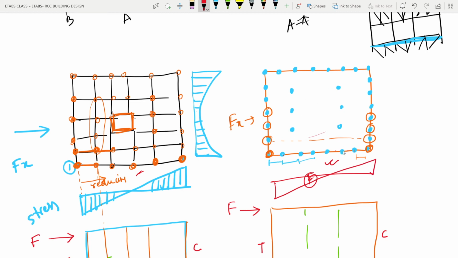When we see the ends, the columns at the ends are having higher stress, and when we go inside, these columns are subjected to less stress. If I talk about the Fx force, and if I talk about the Fy force, the very corner end columns are subjected to higher stress. In this, no, I have done wrong.